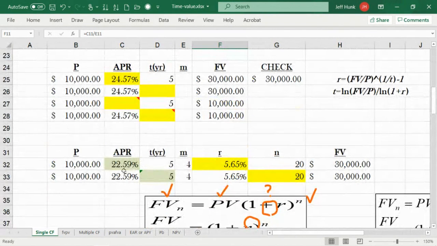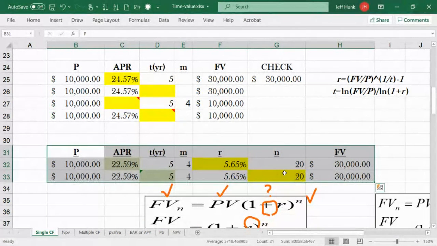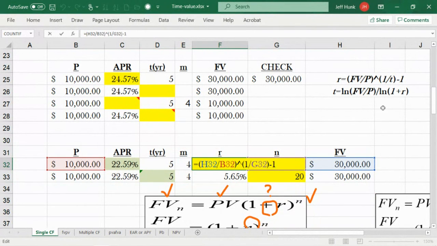So this way you do it like this, right? But then you might wonder, what if I do it differently? I've been telling you I prefer this way because the formula is simpler.